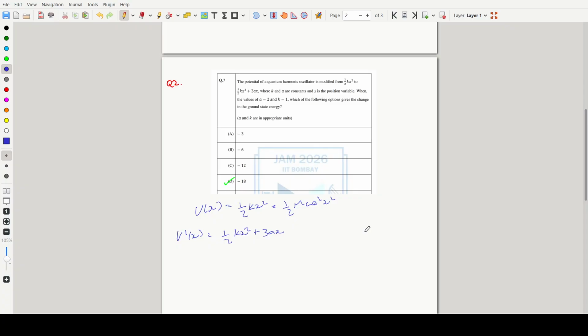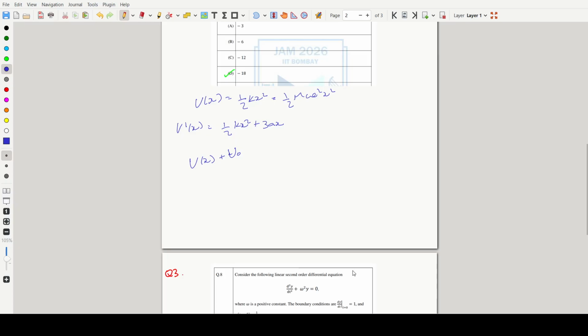So before that, whenever to your unmodified potential, let's say a constant term is added, call it u naught, this constant term also reflects in your energy eigenvalues. So my new energy eigenvalues would be the old one plus u naught.